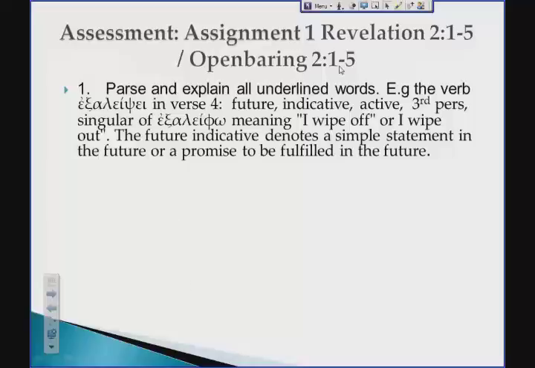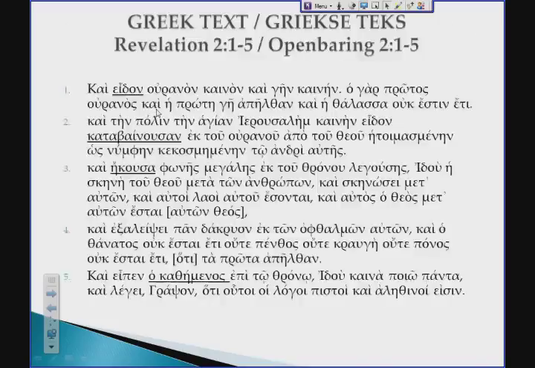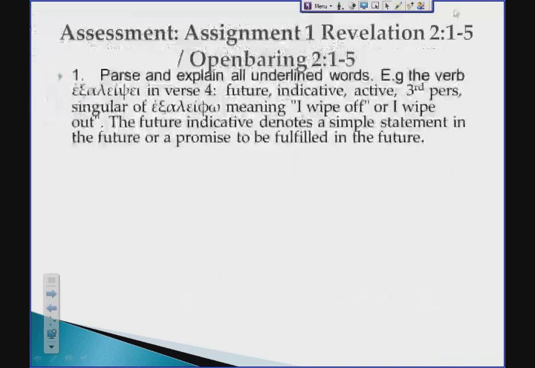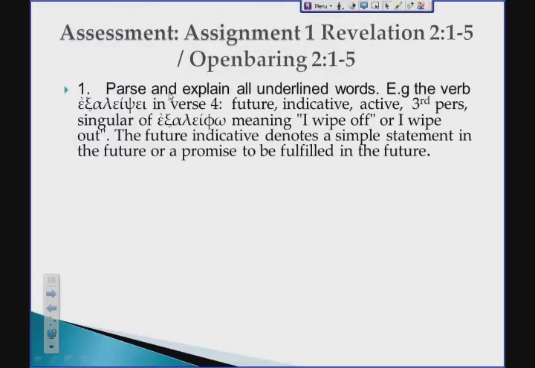I'm giving you an example here. For instance, the verb exalepsei in verse 4. I did not underline it, but this is the verb I'm talking about. I have shown you how it is parsed in this example. I would say it's future, indicative, active, and third person singular of the verb.